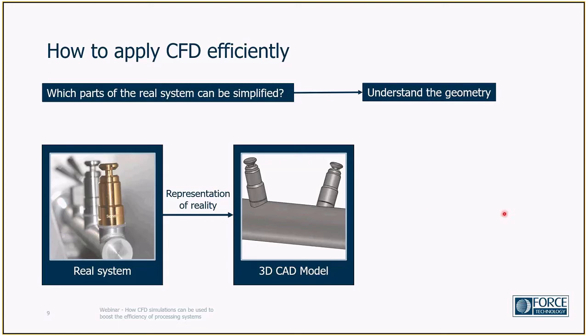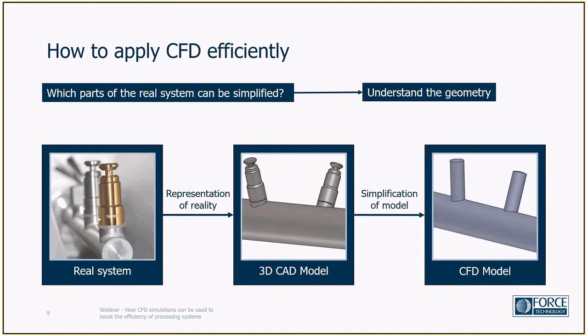So what can we simplify without compromising the results? In this case, the nozzles are a relatively small part of the entire system that we are analyzing, so they can be modeled just as straight pipes with a round surface here, which models the spray angle of the nozzles.